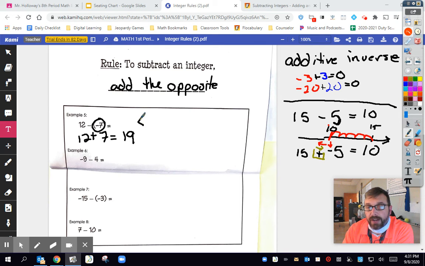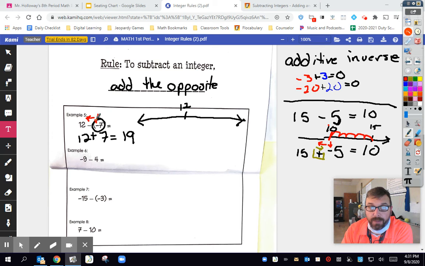And let's try it out. So I'm just going to draw my line, and I'm going to put 12 here. Because I want to subtract, I'm going to go to the left. Oops, I put my 12 in the wrong spot. Because I'm subtracting, I would want to go to the left.